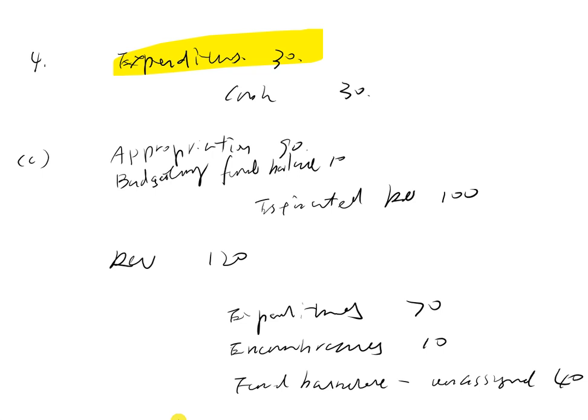So once we understand these, we can do part D, prepare the balance sheet showing the assets and fund balances. All right. You'd finish the title of the statement, but I'm going to skip those parts.